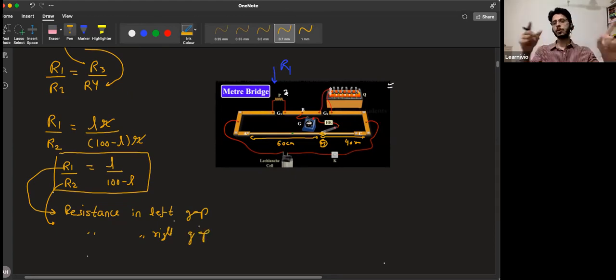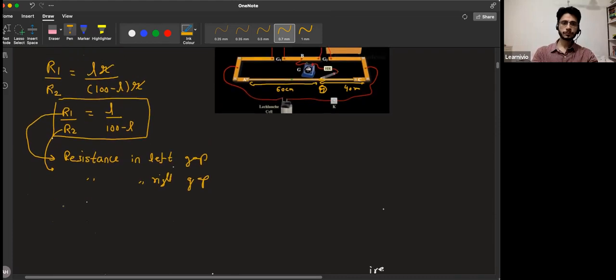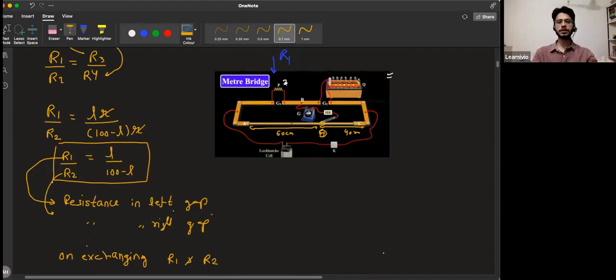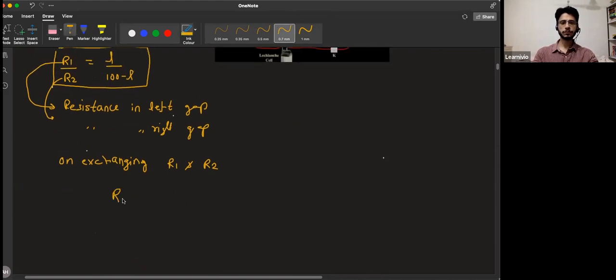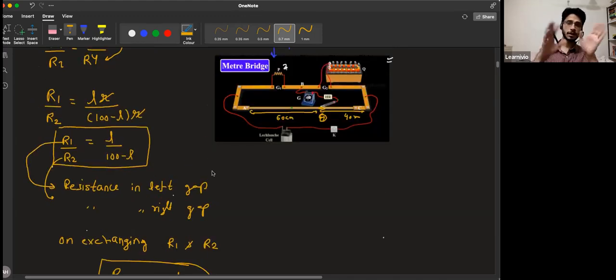If you exchange or interchange R1 and R2, means instead of R1 you place R2 and instead of R2 you place R1, on interchanging R1 and R2 you get R2 by R1, which is 100 minus L divided by L. So this is the importance of keeping in mind the left and the right.